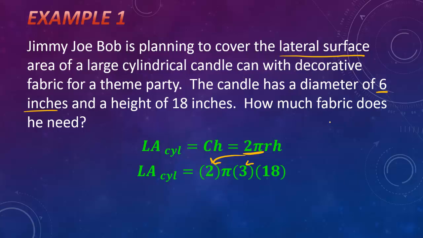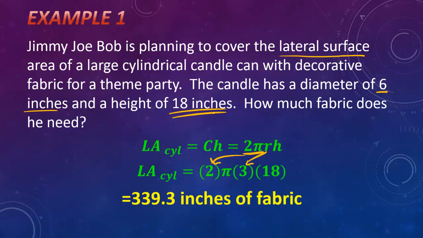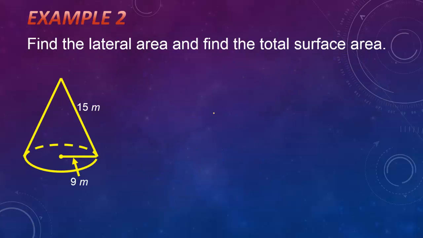So we've got to cut that in half, remember, because half of the diameter is the radius. And then the height, they gave you right there. So the height's 18. All right, so you plug all that into your calculator, and you come up with 339.3 inches of fabric. Dang, that's a lot of fabric there. Yeehaw! All right, enough of that.